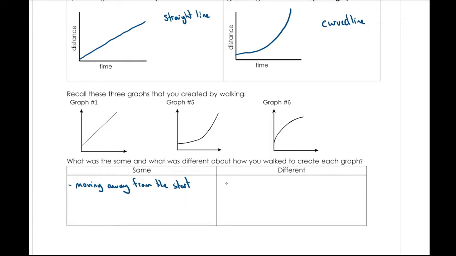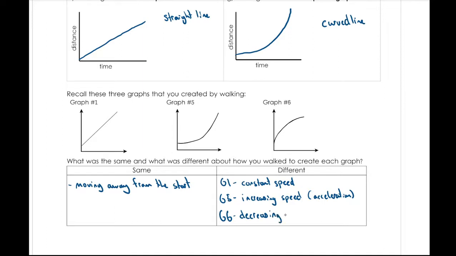The difference is, graph 1 has a constant speed. Graph 5 has increasing speed, which we'll call acceleration. And graph 6 has a decreasing speed. This is where we're slowing down, so this is our deceleration.